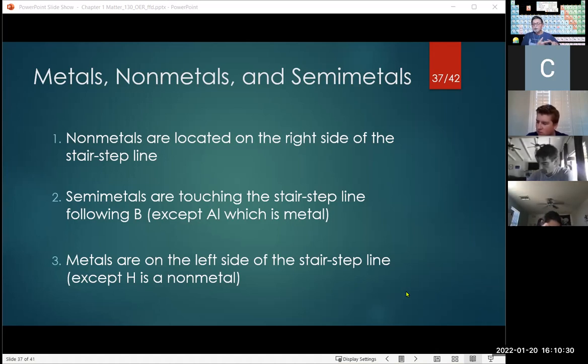And type number 3, a semi-metal. It's crucial to know which one is which, because it's going to tell us what type of bond they create when we start getting into the structure of these. So we got 3 types only: metal, non-metal, and semi-metal.